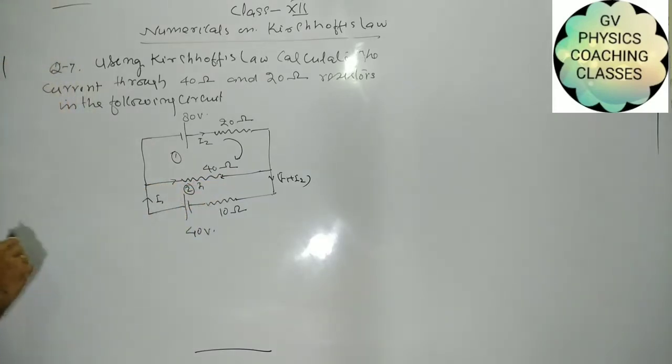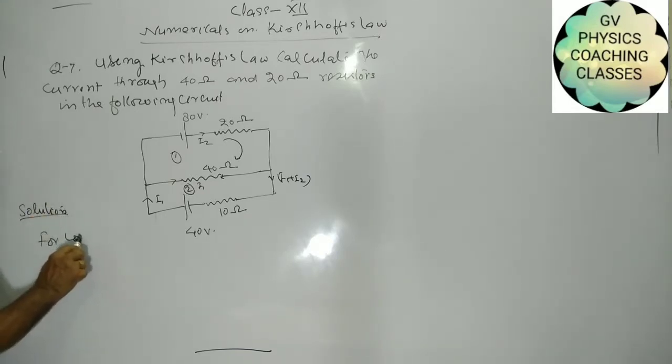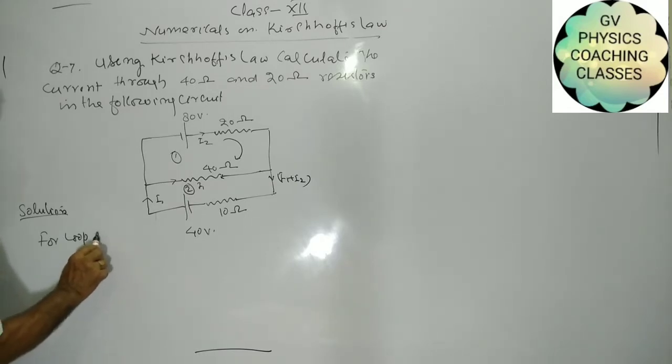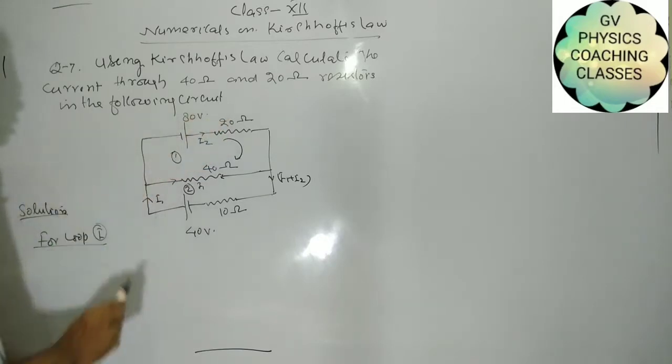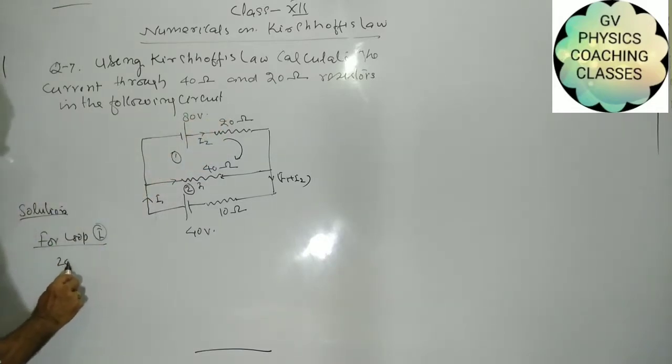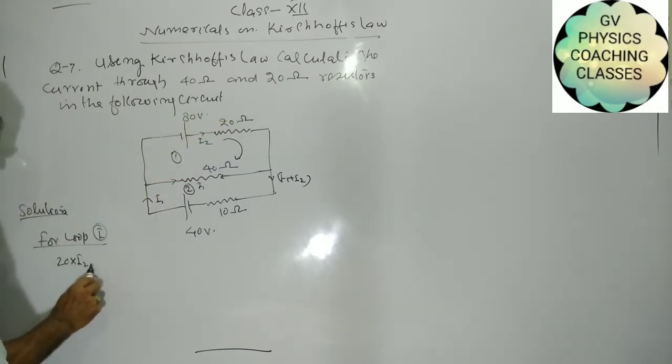For loop first, solution. This one, I2 into 20 ohm, 20 into I2.